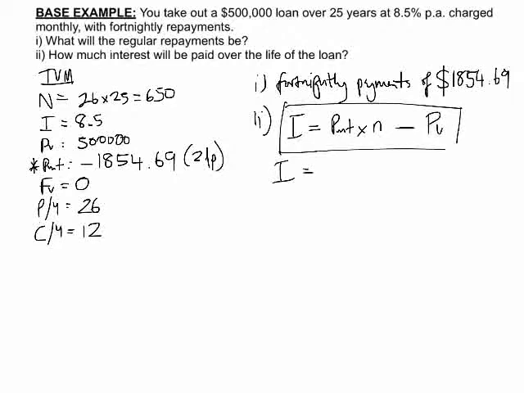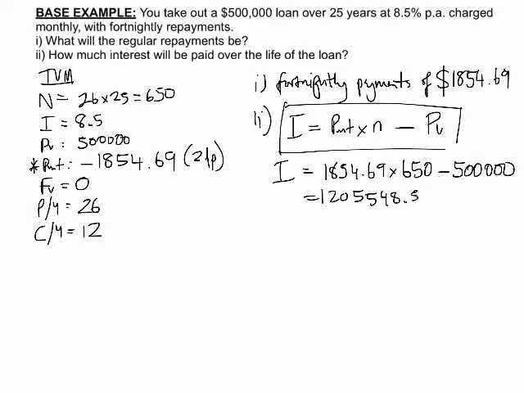Interest paid is going to be 1854.69 times 650 minus 500,000. So I go to my calculator. 1854.69 times by 650 gives you $1,205,548.50 minus 500,000.